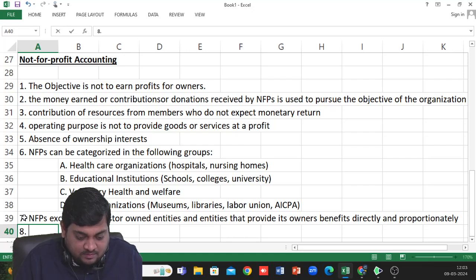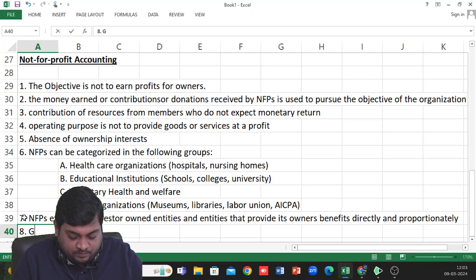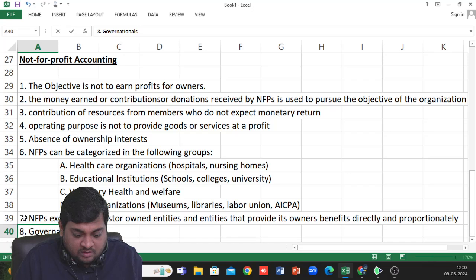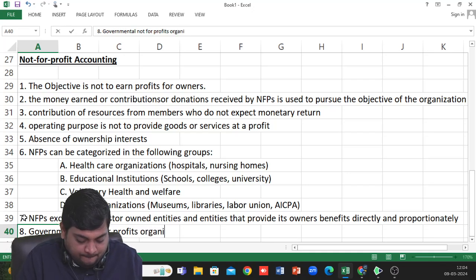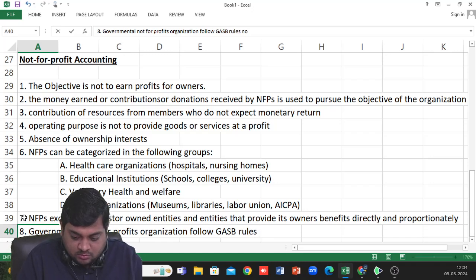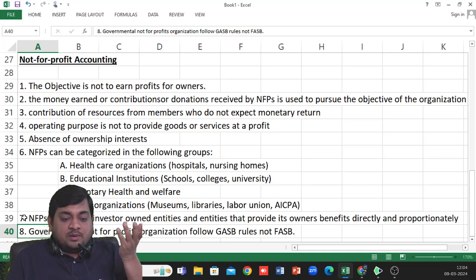So we have governmental not for profit organizations follow GASB rules, not FASB, right? So this you need to remember, right?